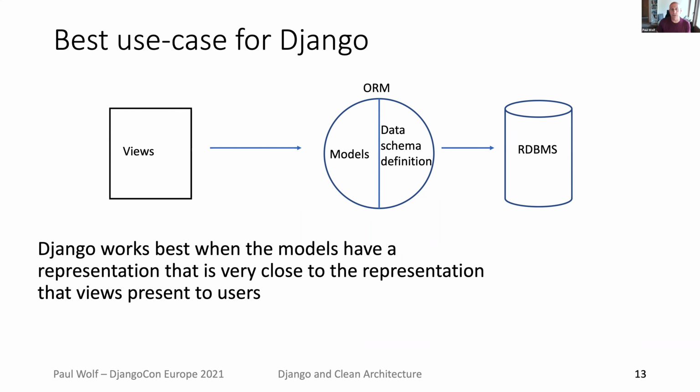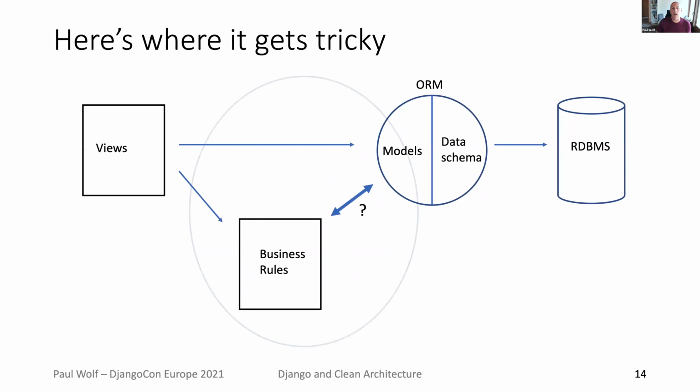And I'll come back to this again later. It does get a bit tricky when you have a complex business rules situation where you need to do a lot of things in between modeling your domain and presenting that through the views.